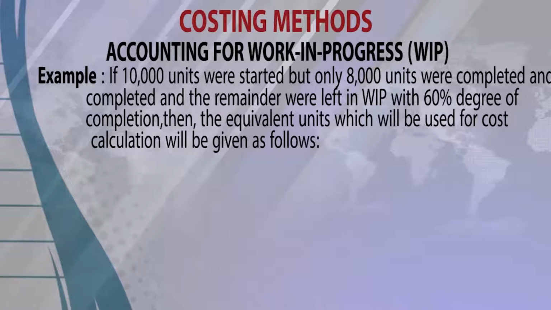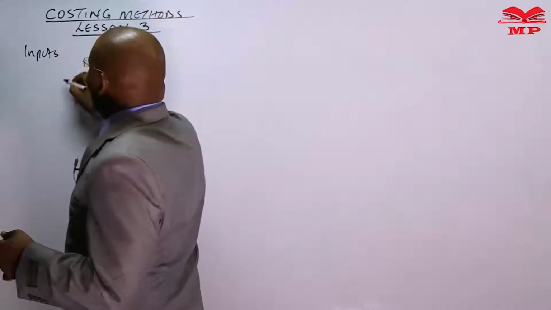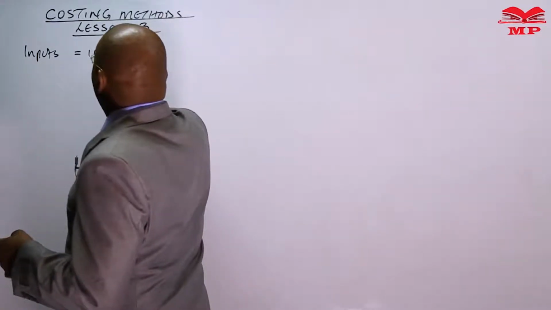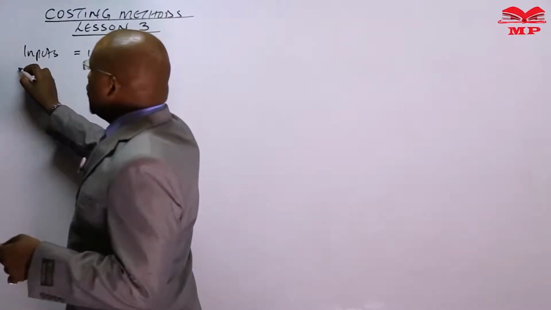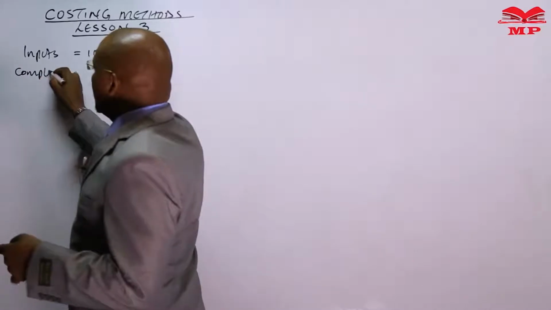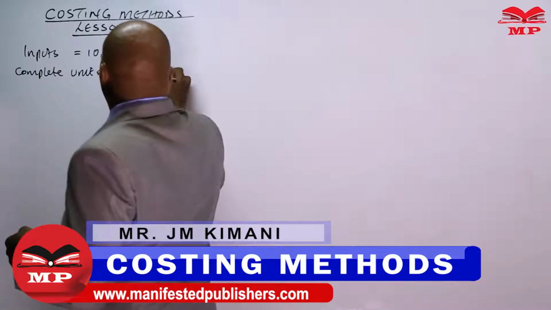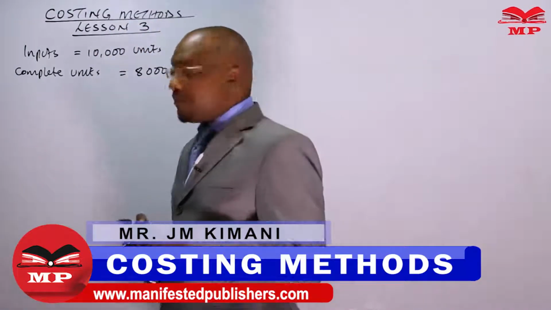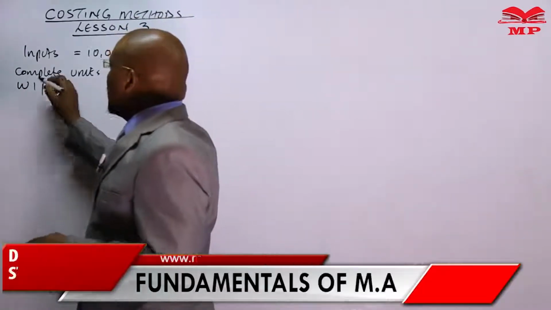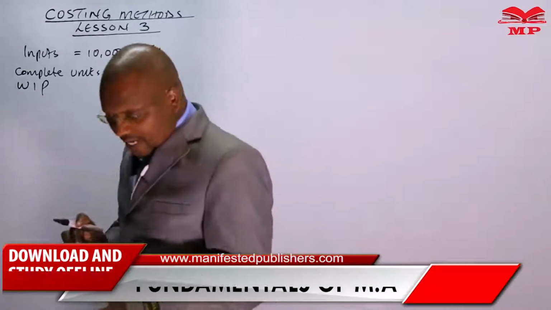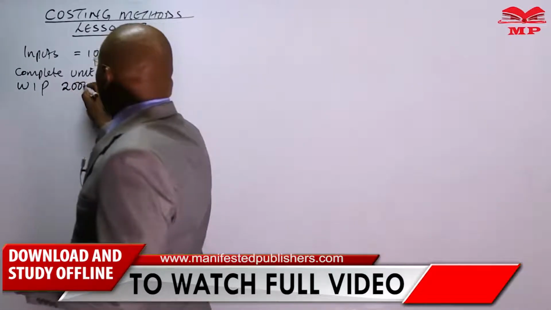So these are the inputs: 10,000 units. Then we have the units completed, which are 8,000 units. And then we have the work in progress. There are some units which are not complete, which are 2,000 units.